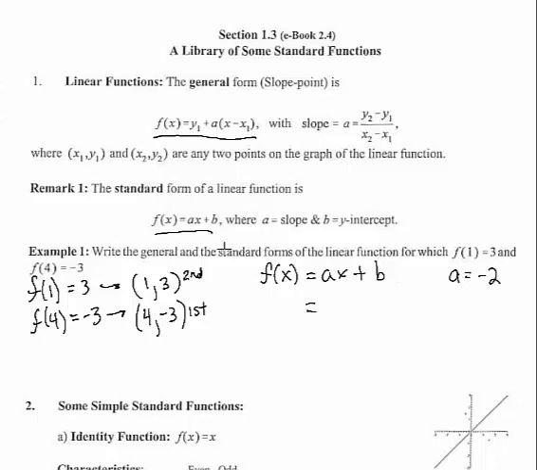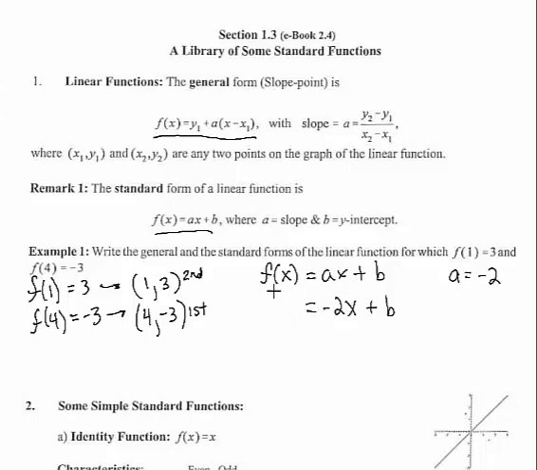It'll be the same no matter what form we use because our 2 points are the same. I'll go ahead and substitute it in for a. It sits in front of the x variable, and so I'm left with b, which I don't know because these 2 ordered pairs are not my y-intercept, and I know that because the x variable is not 0.